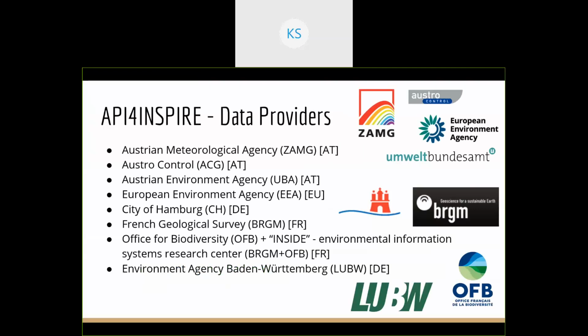The second grouping is the Austrian Environment Agency and the European Environment Agency. This was actually an ad hoc activity which wasn't initially planned, where based on various COVID research outcomes linking COVID intensity with air quality, I realized I know where the air quality data is. It is there. It's very hard to get a hold of.